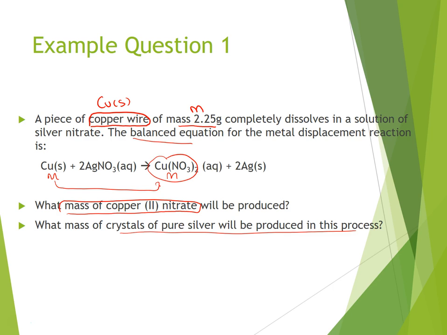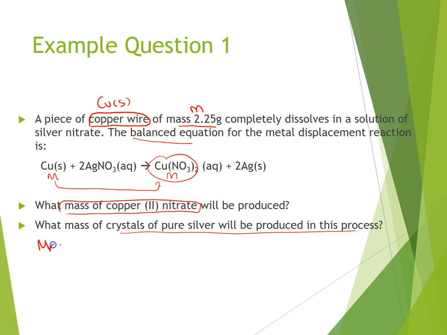So let's start with copper. We've got a mass, and we know that we can figure out the molar mass of copper because we can get that from our periodic table. If we pull up a periodic table, which I'm just doing here, we can get the molar mass of copper, which will be around 63 from memory, 63.5.